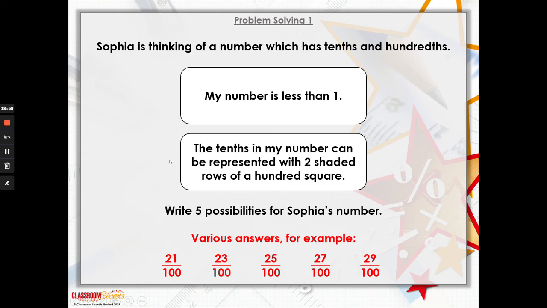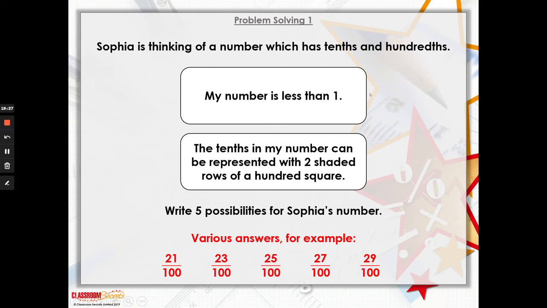You can't have 3 tenths, because remember, Sophia said the tenths in my number can be represented with 2 shaded rows. If I had 3 shaded rows, that would be 3 tenths, so that'd be wrong. But it says here, write 5 possibilities, so you could have 21 hundredths, 22 hundredths, 23 hundredths, 24, 25, 26, 27, 28, 29 hundredths. So any of those answers are correct.